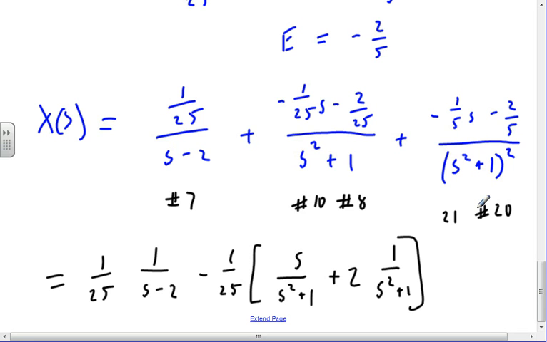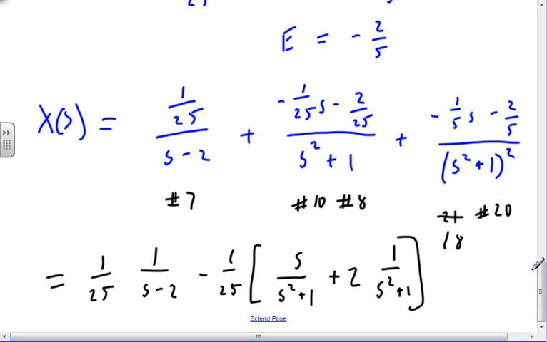So 21 requires an s squared, and I only have an s. How am I going to get around that? There it is, 18. I'm going to look at 18 and 20, not those guys.